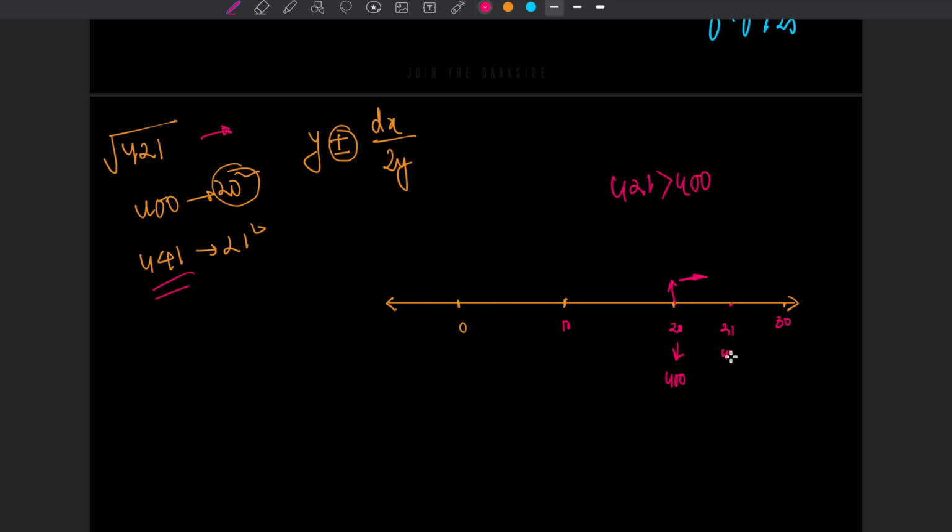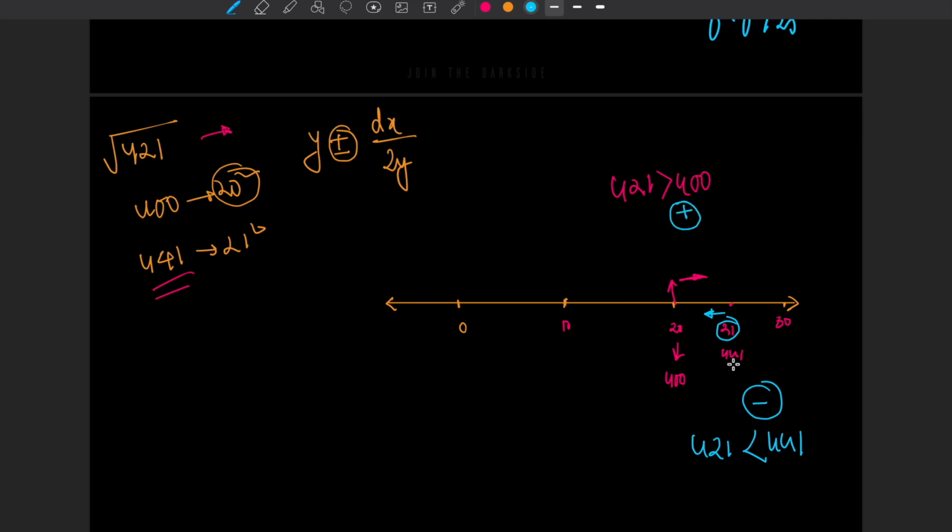So 21 squared is 441, but we know that 421 is less than 441. That means we have to go this way. If we take 21, we have to subtract, and in this case we had to add.